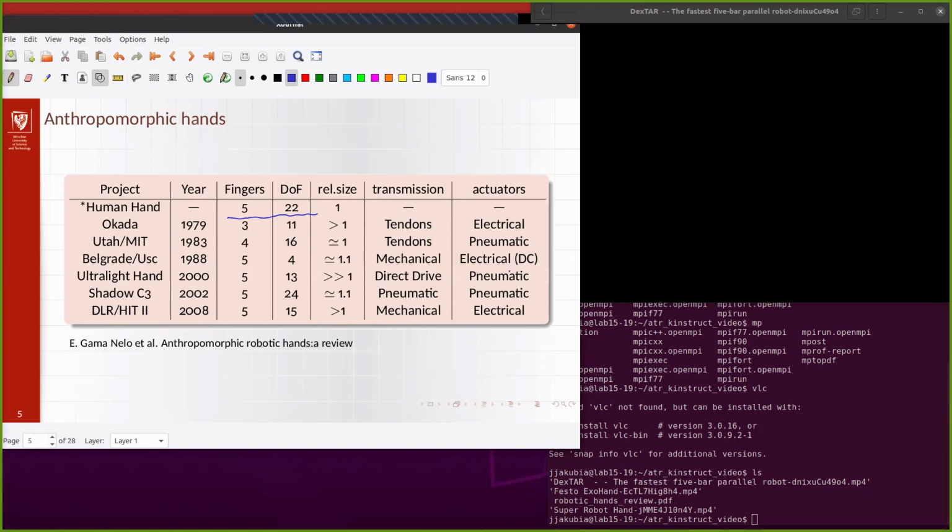Were they motors or pneumatic actuators or other types, and the types of transmission from the actuators to the joints. And you can see that the number of degrees of freedom grows, the number of fingers grows. Also, the solutions are usually bigger than the real human hand, although we are trying to get to the size of the human hand.